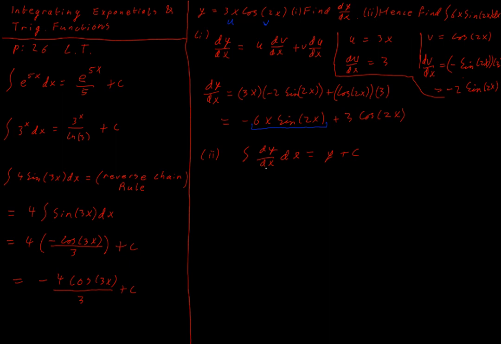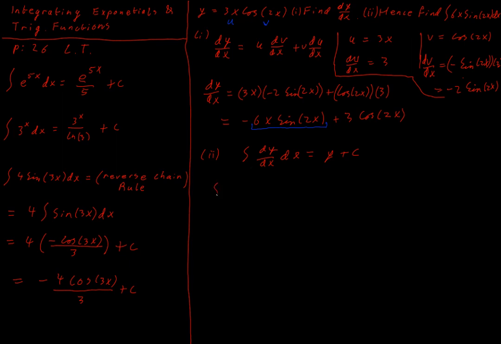Anyway, the point is we are able to use this fact. We have dy dx, and we're going to get the derivative of this and set it equal to our original function plus some constant.